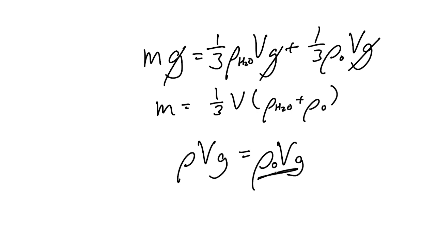So, this is going to be after we pour in all the oil, and this is going to be before we pour in the oil. And this rho is going to actually be equal to mass divided by volume, right? So we can just divide volume from both sides, cancel this out, and now we have that rho is equal to 1/3 times the density of our water plus the density of our oil, right?